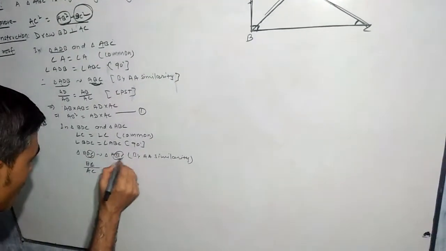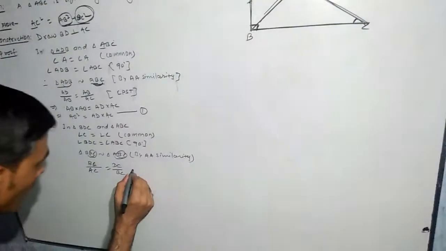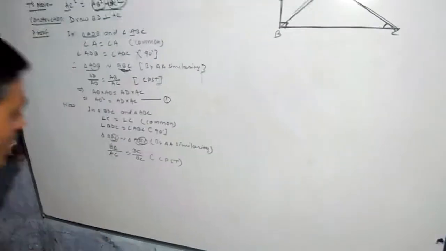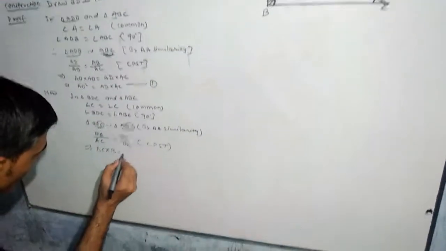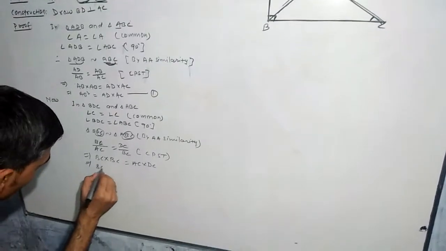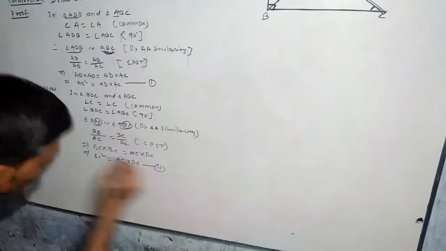It is DC by BC, by CPST, corresponding parts of similar triangles. Now we have to multiply BC into BC equal to AC into DC. It means BC square equal to AC into DC, equation number 2.